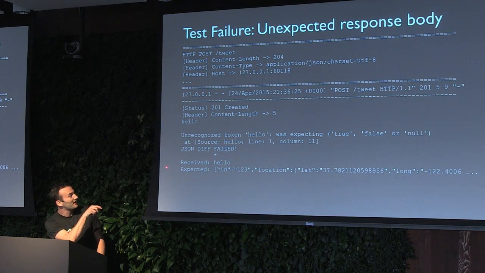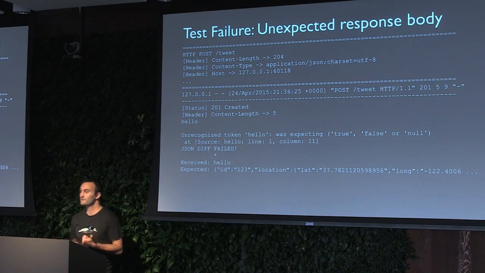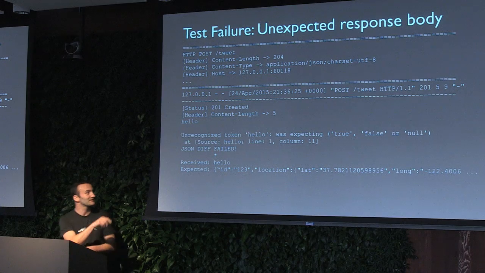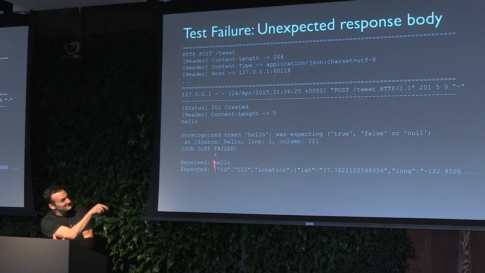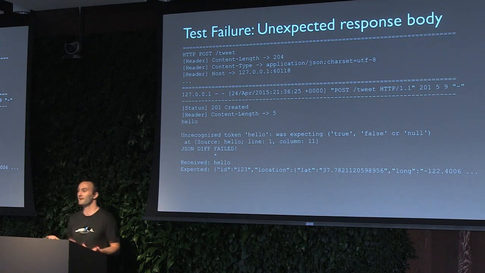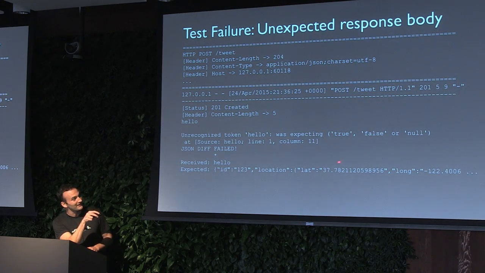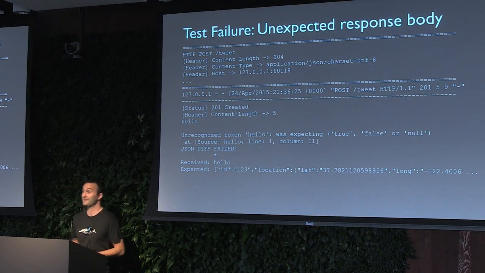Also notice at the bottom, we'll print both the received response bodies and the expected response bodies on single lines. And this little asterisk, that tells us the point at which those lines diverge. So in this example, it's not that useful. But you can imagine if you had a single character that was different, that asterisk can help you.